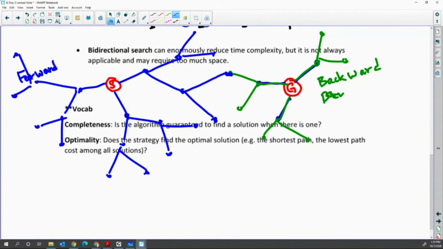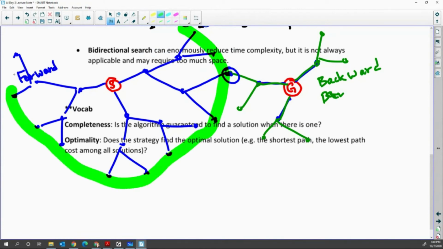But after I expand from the frontier, if I have any intersection, then I can say, so intersection among frontier. So when my frontier is like here, so all the way leaf nodes, these are my frontier.